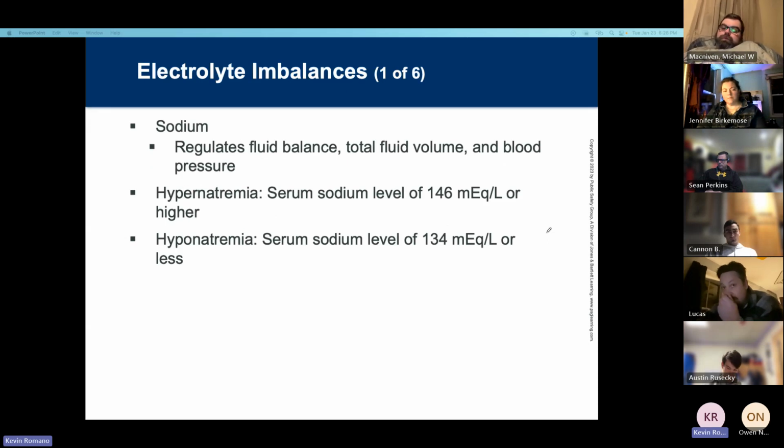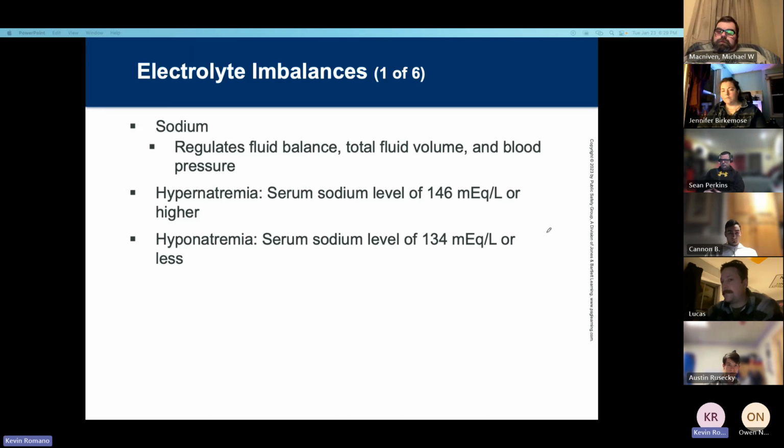The electrolyte imbalance: sodium regulates fluid balance, which determines total fluid volume and blood pressure in the human body. We're going to go over this in a second. These ones up here, they're talking about lab work. These are things you don't usually get until paramedic school, and even still, they don't cover it very highly in paramedic school. But you may see these numbers come back to you again.